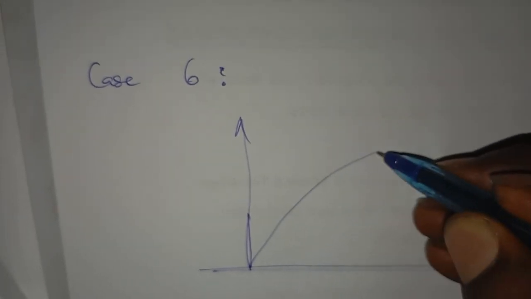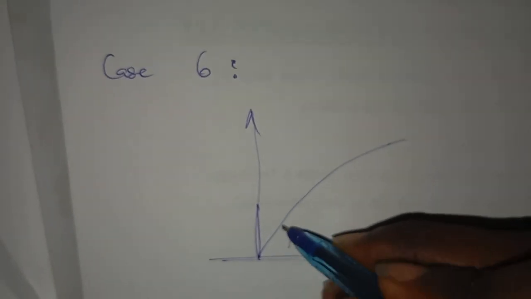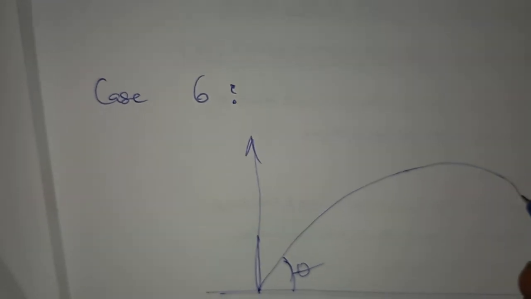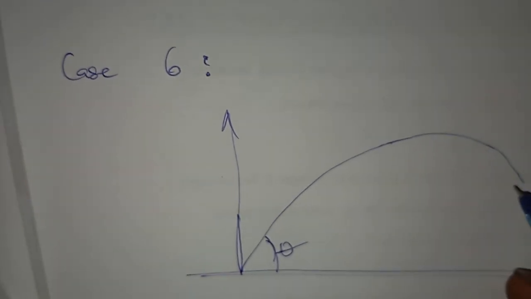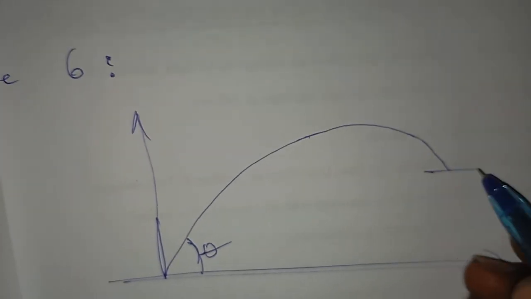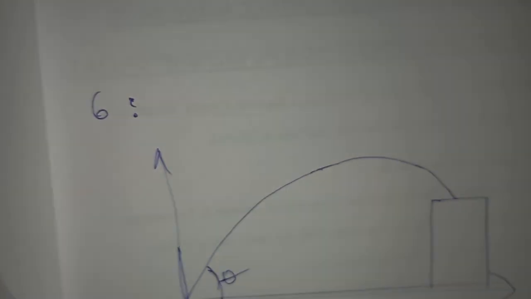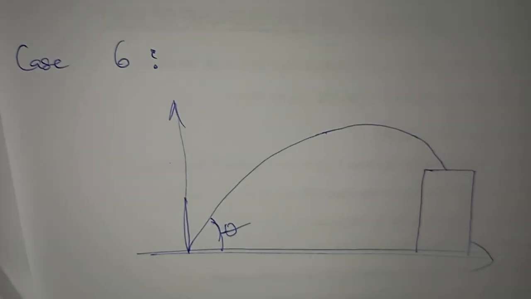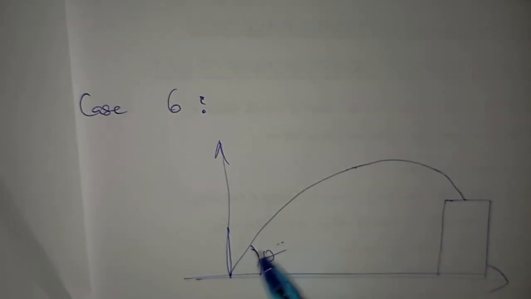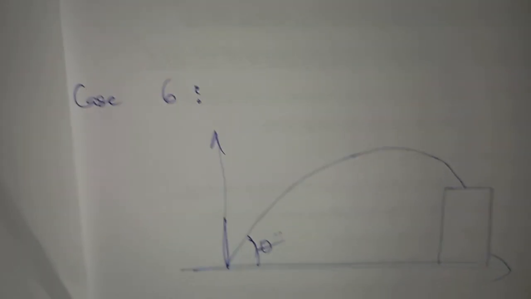You play your ball, you go up at an angle, and instead of the ball landing with your friend, you've played too much, and it lands on top of a building, on top of the roof. You play it, you go up, you come and land somewhere.